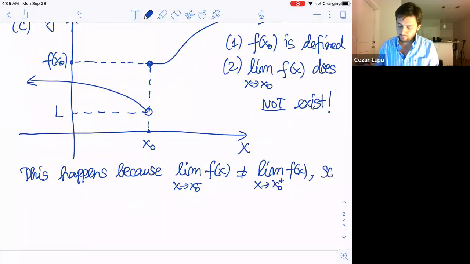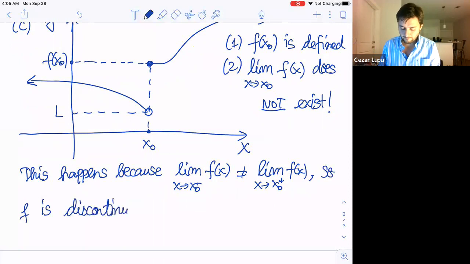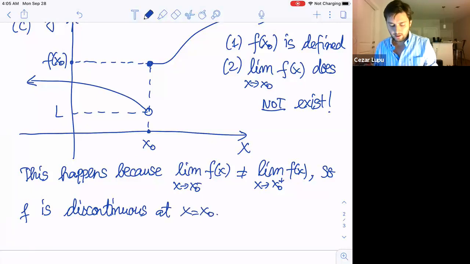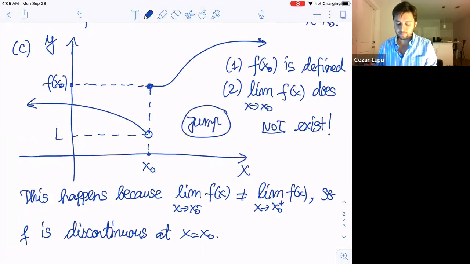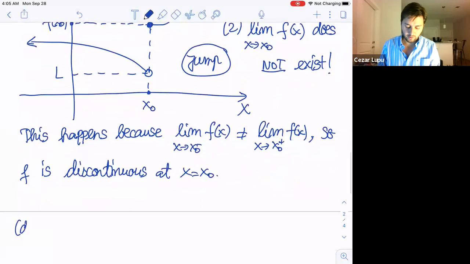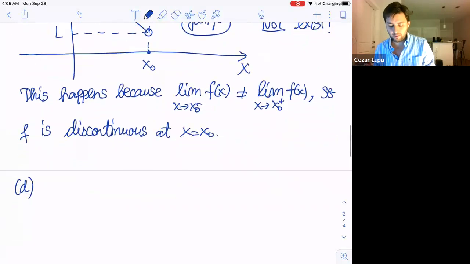So f is discontinuous, let's say. So it's not continuous at the point x equals x naught. All right, that's great. And now, so we have a jump here. This is what happens.